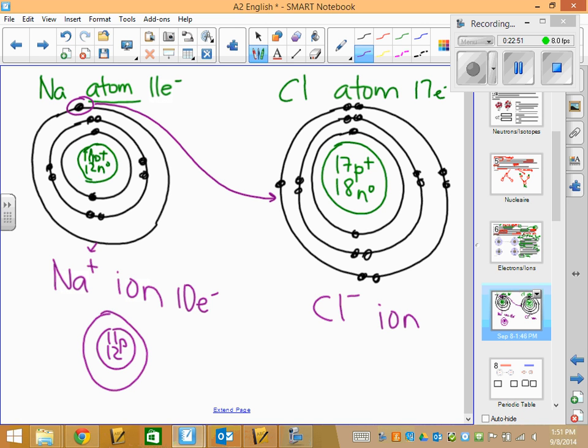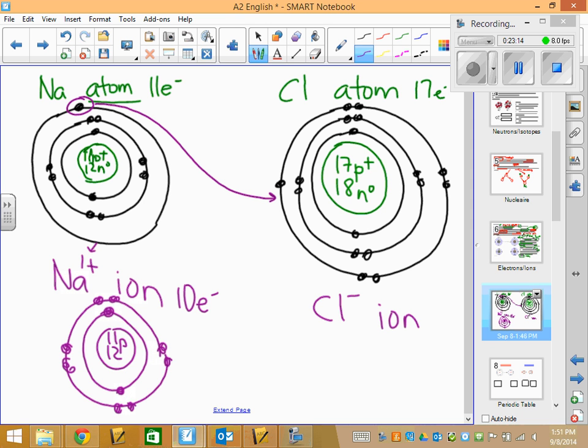When I draw it, I would put 2 electrons in the first level and 8 in the second. Since I gave away 1 electron, the charge is 1 positive. I don't have to write the 1. I wrote it just now so you could see if there was a digit, that's where it would go.